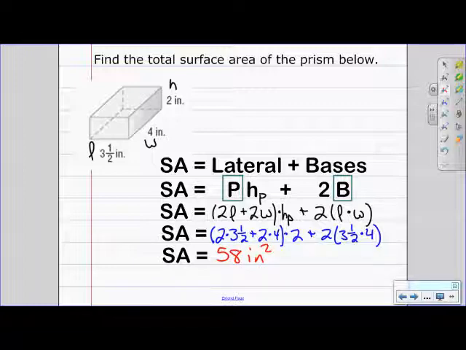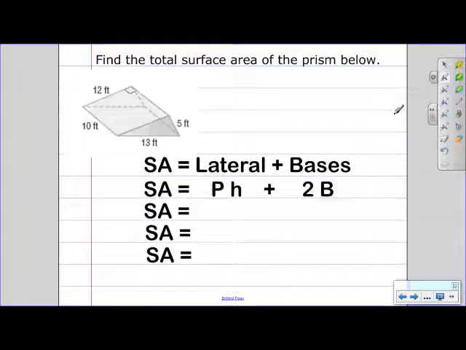Now let's take a look at our next question. Find the total surface area of the prism below. I like to start by labeling the dimensions in our triangular prism. Here we have 10 feet, which is the height of the prism. And here we have 3 sides of the triangle, of which 13 is just a side, and then we have 5 feet and 12 feet.